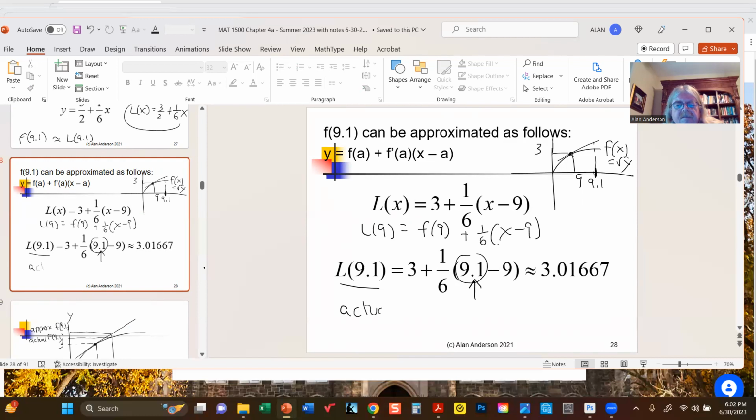Actual f of 9.1, you can get from our calculator, the square root of 9.1 is about 3.01662. You can see, as we predicted, this is using the tangent line.